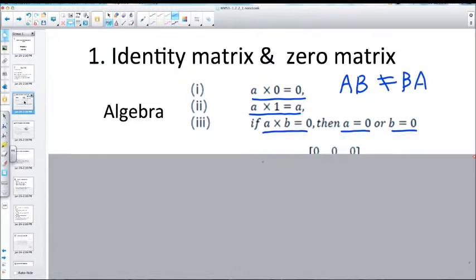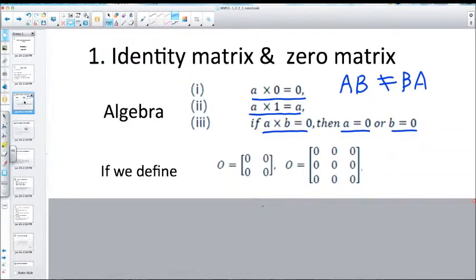First, let's define the counterpart of 0 for matrices. Today we all focus on square matrices. That means the rows always equal the columns. So if we have a 2 by 2 matrix and you put all elements as 0, we call this O, capital O. That's the 0 matrix.